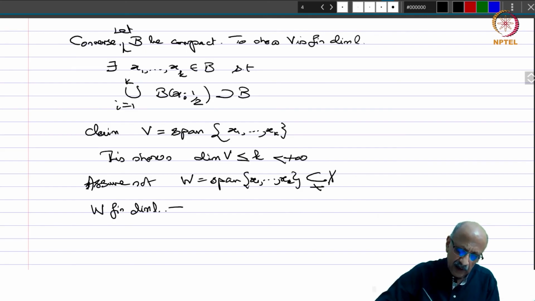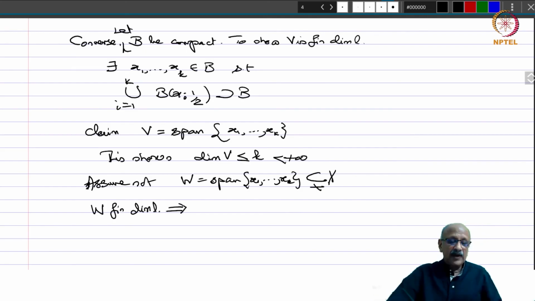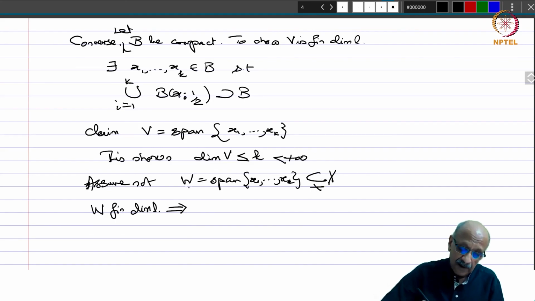What does it mean? In every finite dimensional space all norms are the same, and therefore every finite dimensional space is complete. And since it's a complete subspace of a normed linear space, it is closed, which implies W is closed.